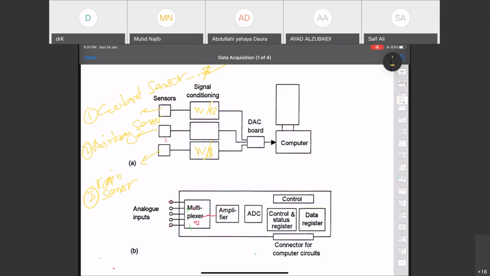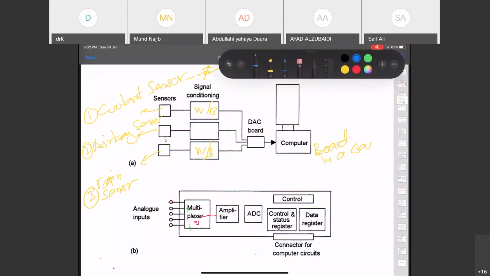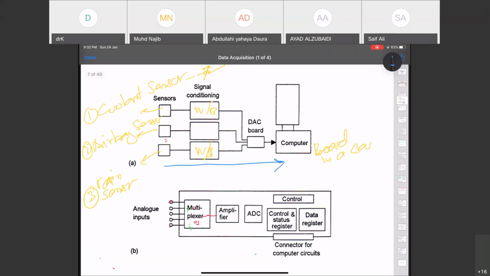All right, so this is the computer board in a car, which basically works on reading the sensors. The information flow is from left to right, from the sensor going into the system.